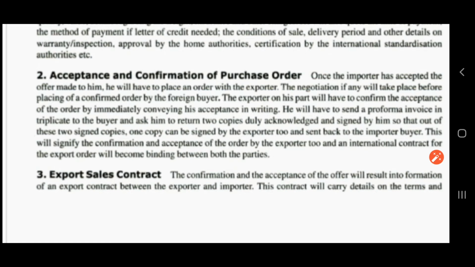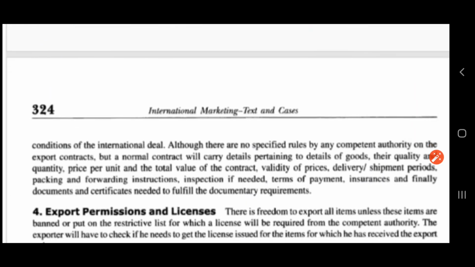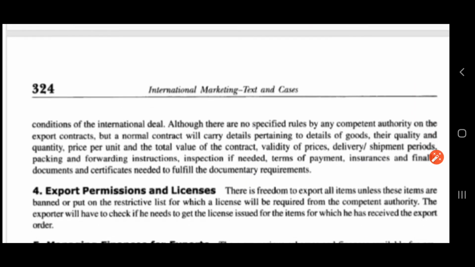for processing this order. There should be a legalized contract between the two parties, importer and exporter. This contract consists of many details about the terms and conditions of the order processing or delivery of the goods.